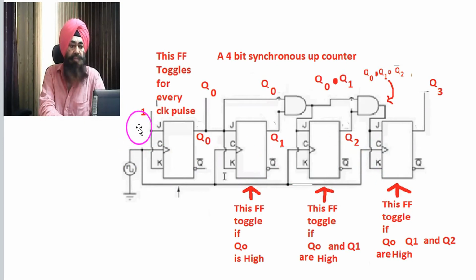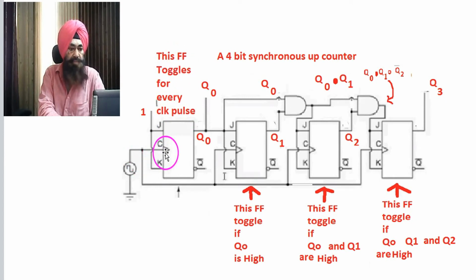J and K are connected together in all the flip-flops, meaning they will perform the toggling event. Now, look, this flip-flop toggles for every clock pulse.